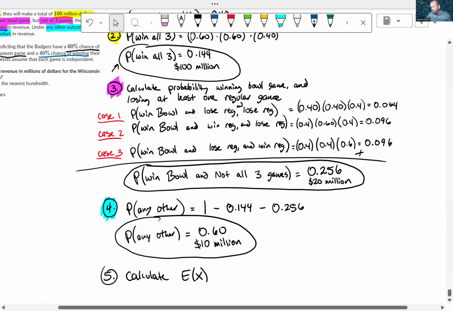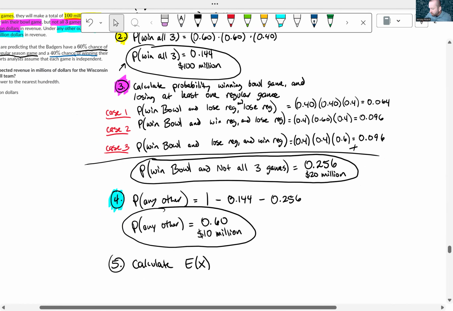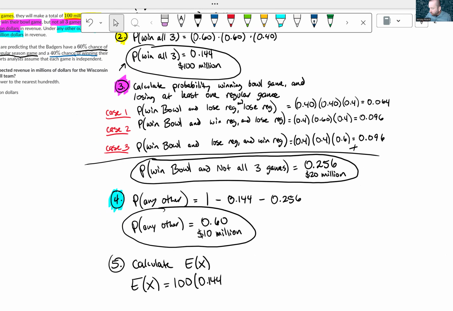For winning $100 million, we have a 0.144 probability. Plus, winning 20 million, we have a 0.256 probability. And this team has a 0.6 probability of winning $10 million.